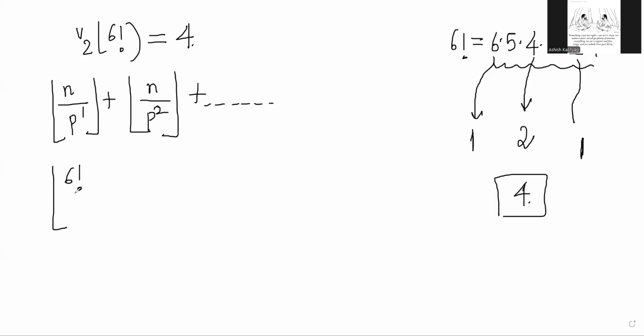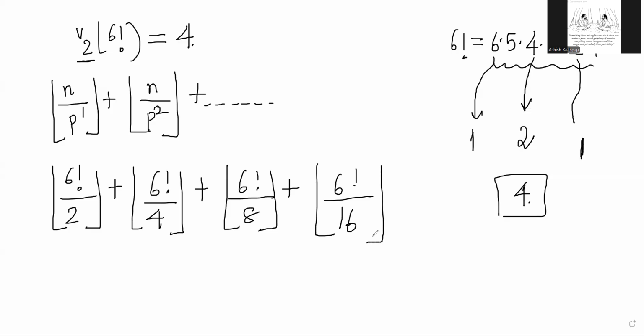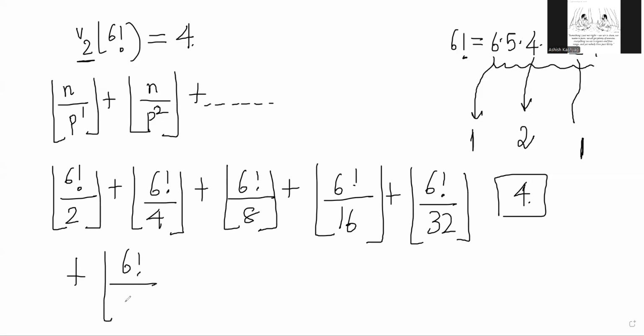So it is 6 factorial by 2, plus 6 factorial by 2 square, plus 6 factorial by 2 cube, plus 6 factorial by 2 power 4, so 16, plus 6 factorial by 32, plus 6 factorial by 64, and finally 6 factorial by 128.